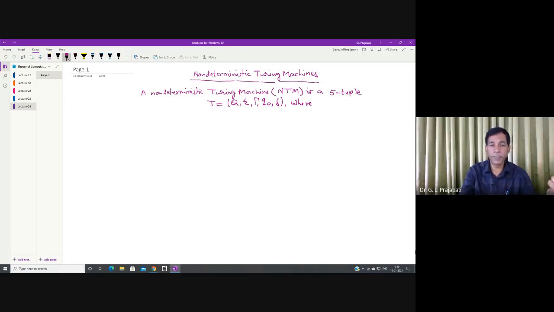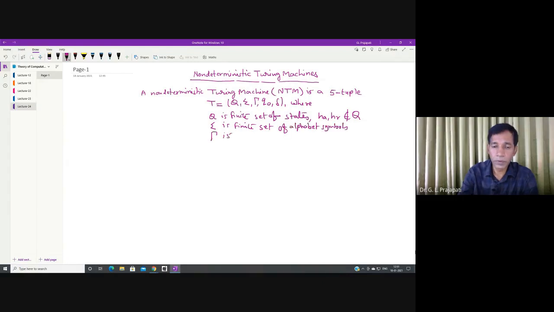as we have seen in the basic Turing machine, the NTM is also defined the same way. Q is the finite set of states, and we assume that the halting states HA and HR do not belong to Q, meaning HA and HR are not elements of Q. Sigma is the finite set of alphabet symbols.